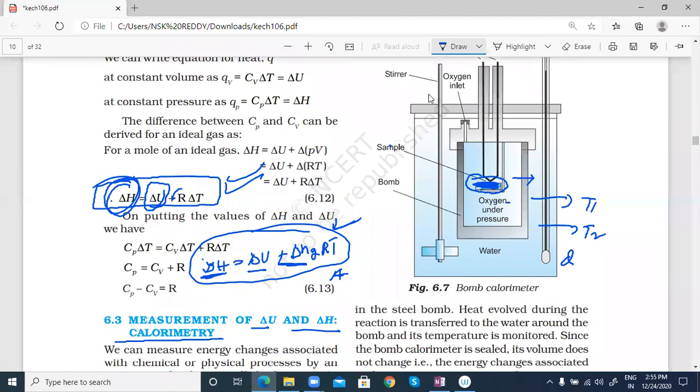Actually, every time the water is constant. How much heat does the water take? Every time it takes constant heat.